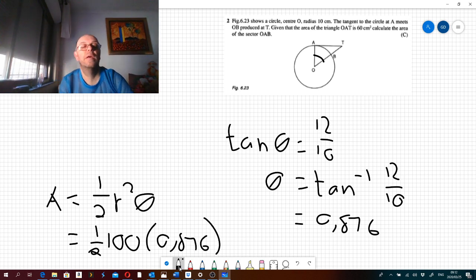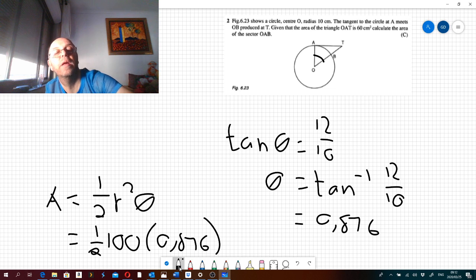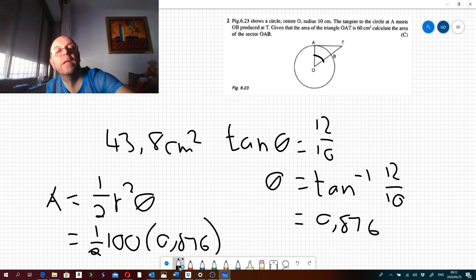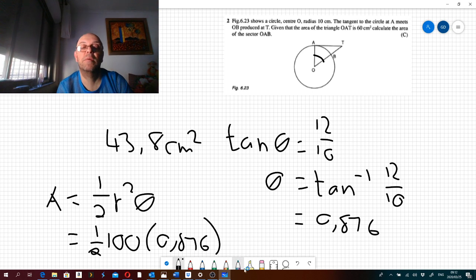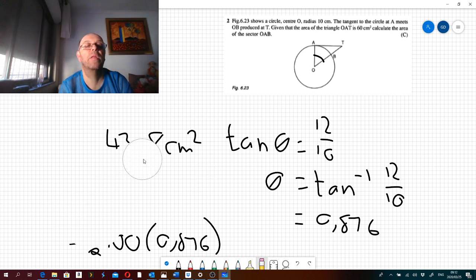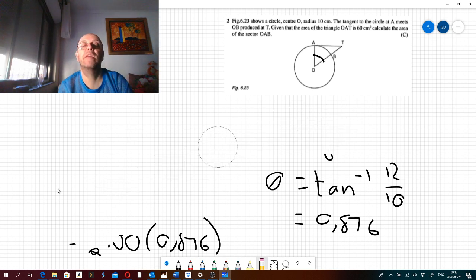So 50 times that answer that we got previously is 43.80. So that's our area value, 43.8 centimeters squared. Right, so there we go, that's number 2. We're also going to do number 3. Let me just quickly erase everything here again.